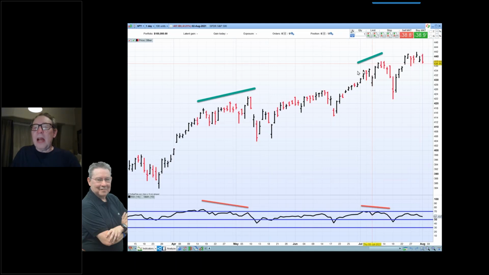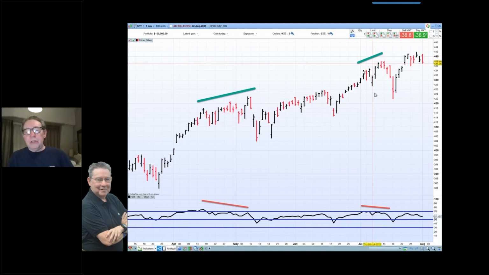Over here on the right-hand side, the momentum is weakening, collapse. So when you use RSI in divergences, it really does work as a leading indicator of significant trend changes. So you can either be taking profits on your long positions, or you can look for setups to go short.